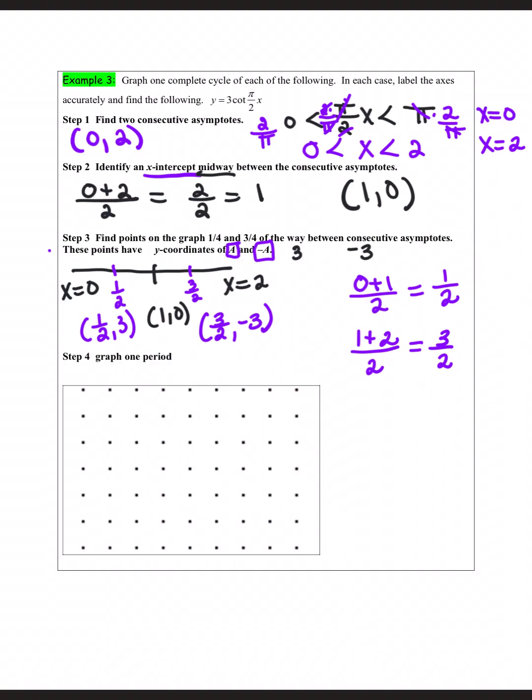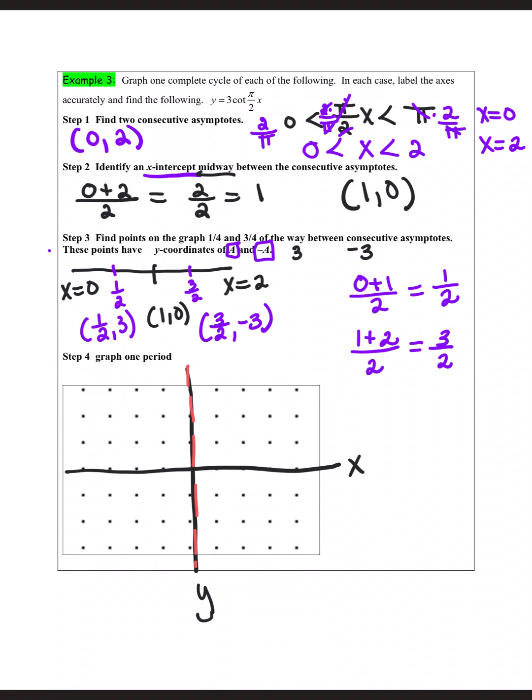So graphing this, we're going to start with my x and y axis. I have two asymptotes, one at x equals 0, which is right here, and at 2.